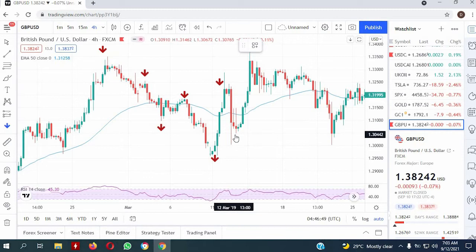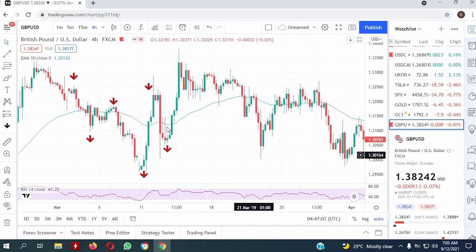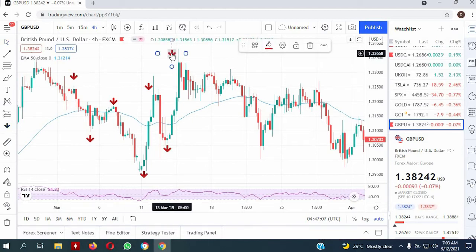The market creates a higher high and a higher low, right? So this is sending a different signal. So we stay out of the market, right? Market comes up, right? Market comes down, right?